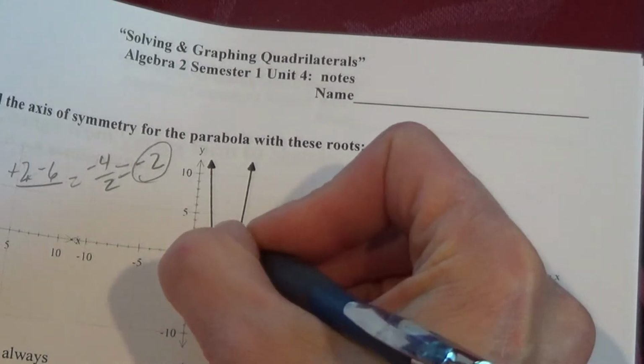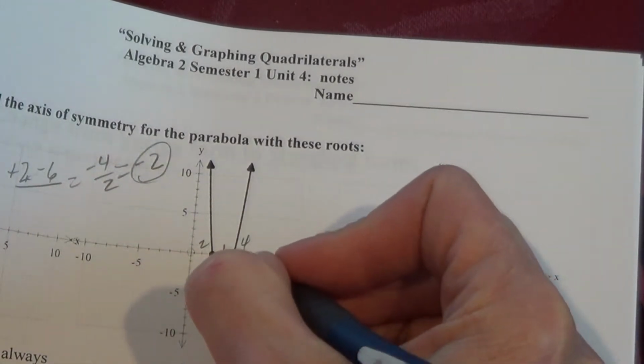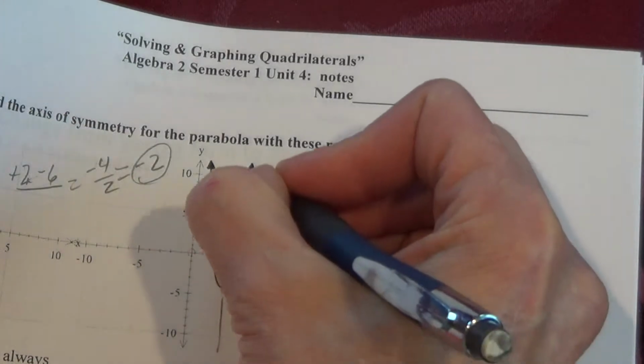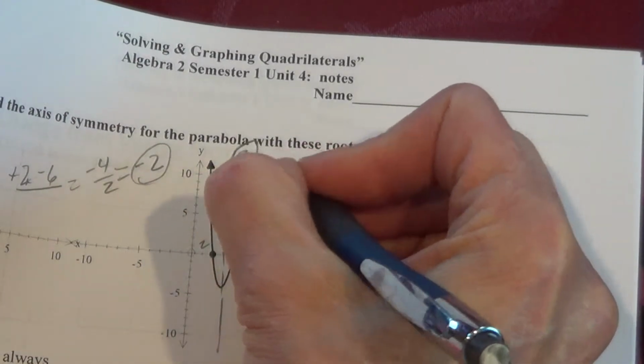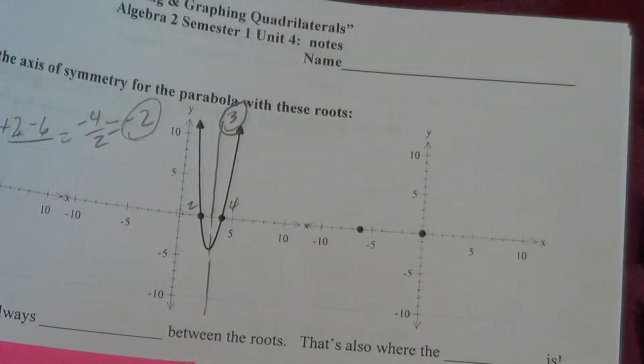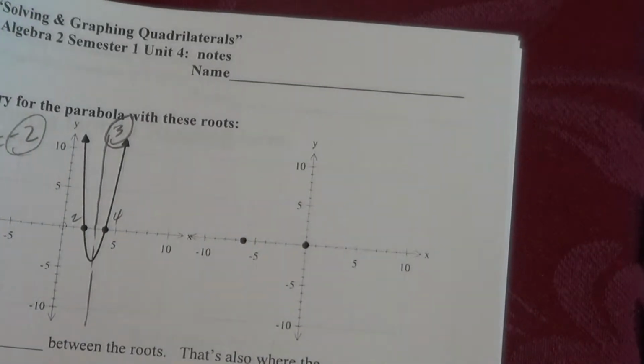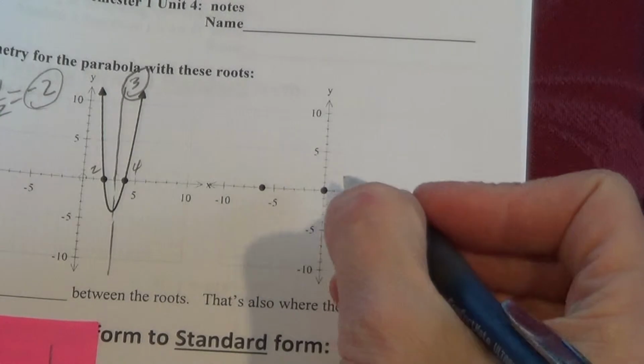That's what I'm getting. So the axis of symmetry would be right here at 3. The last one, they don't show you the graph, and they only show you the intercepts, which is all that you need.